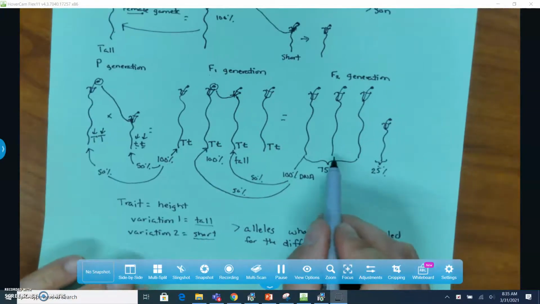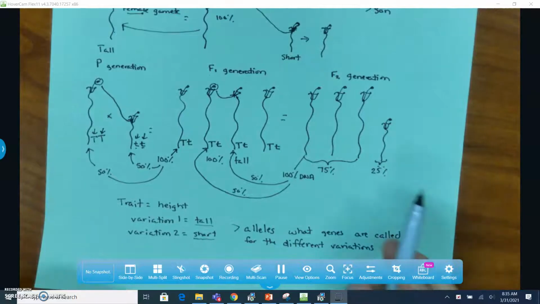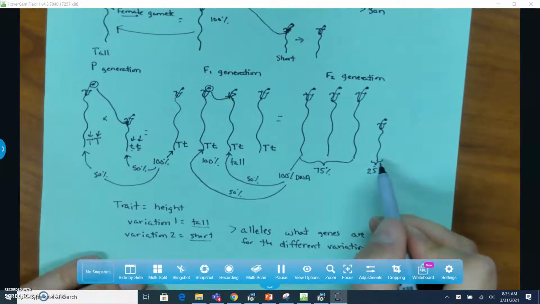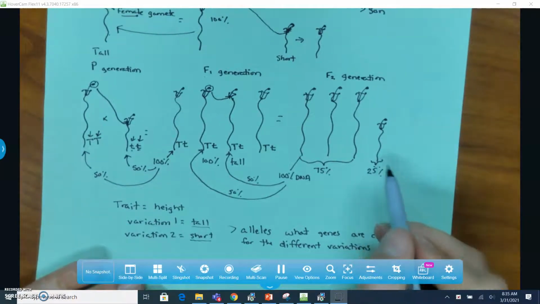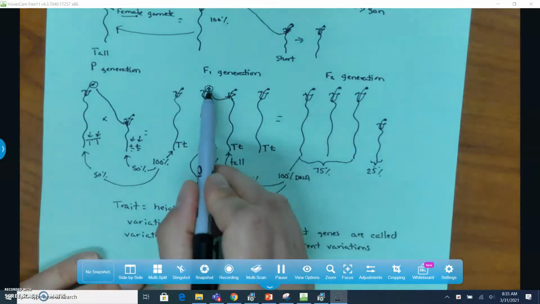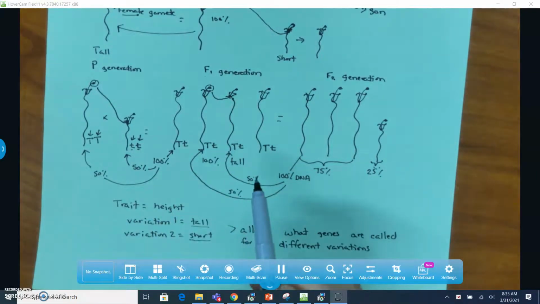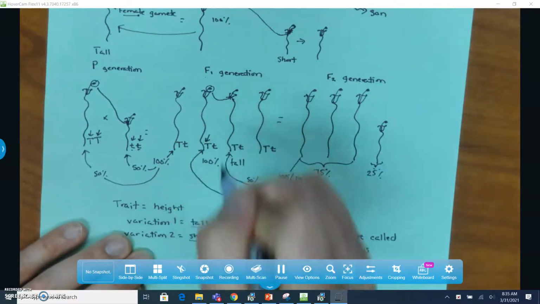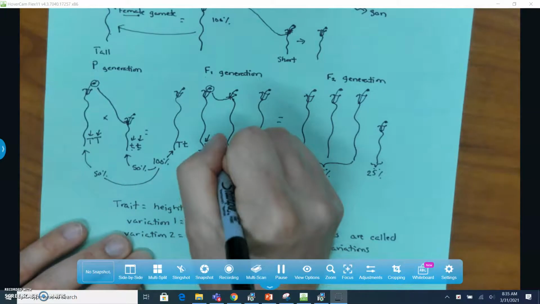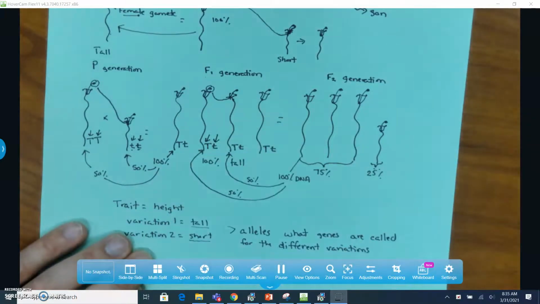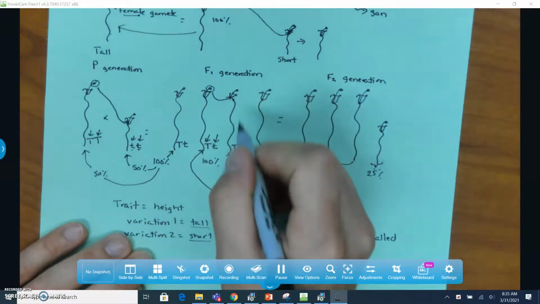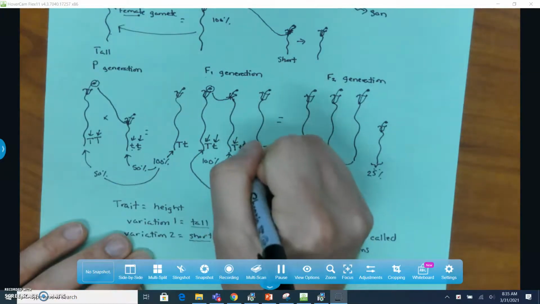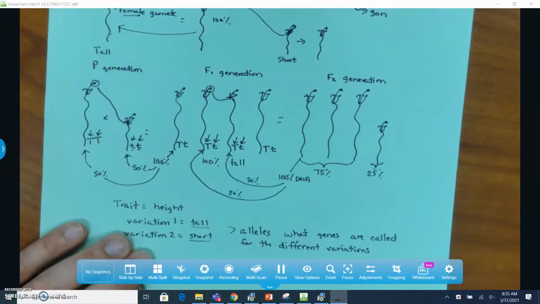But something happened over here. And this explains why we got a short one. When we crossed this plant with this one, this plant could have passed on that uppercase T or that lowercase t. And similarly, this plant could have passed on its uppercase T or possibly its lowercase t.